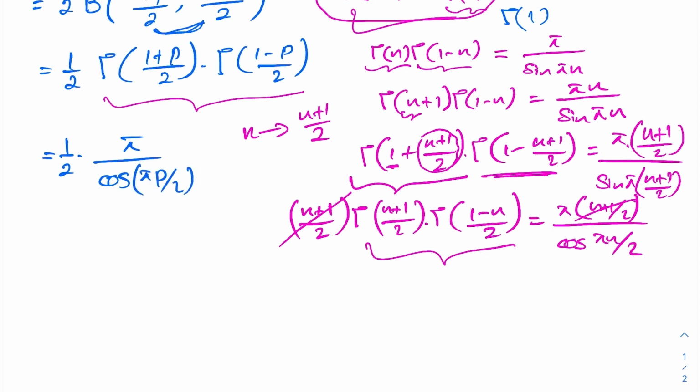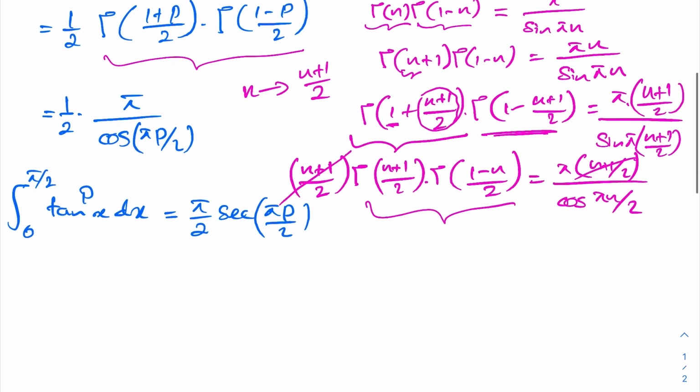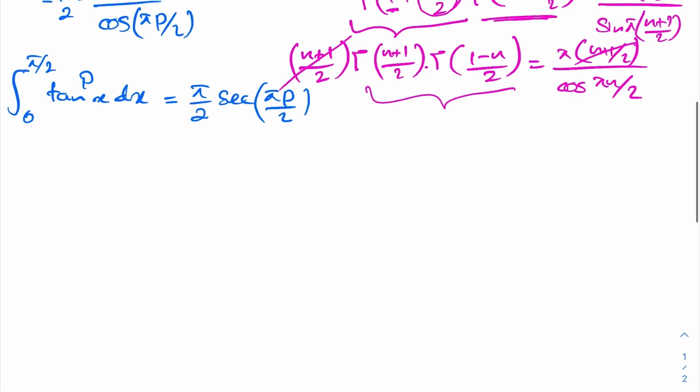Okay, then now we know our integral from 0 to pi over 2 of tan raised to the p power of x dx is equal to, now here we have pi over 2 secant of pi p over 2. Well, now this is the point.